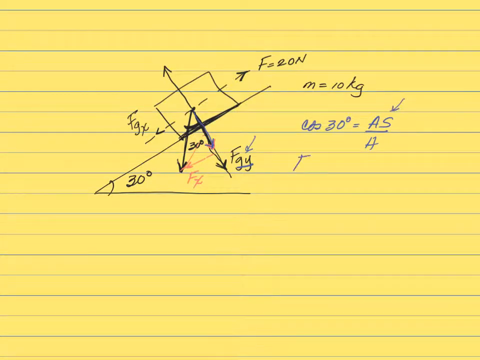So the component of the gravity on the y-axis is going to be equal to my gravity force multiplied by the cosine of 30 degrees. See that?